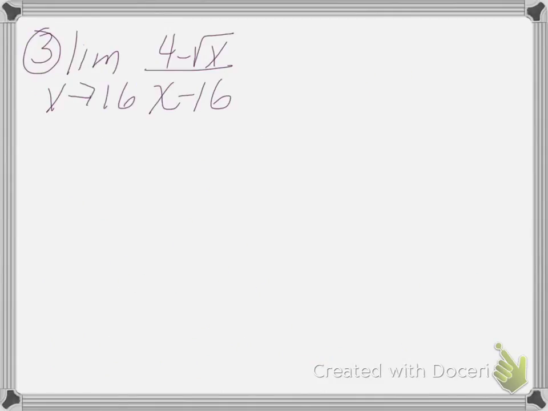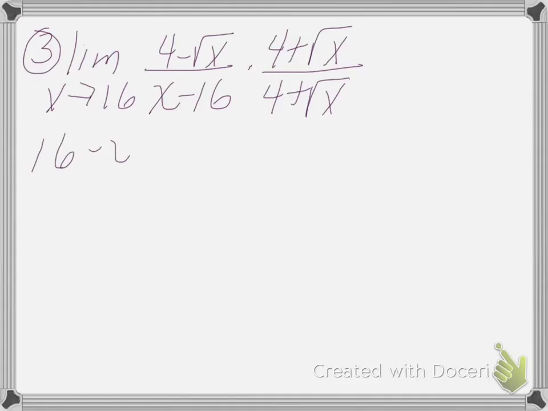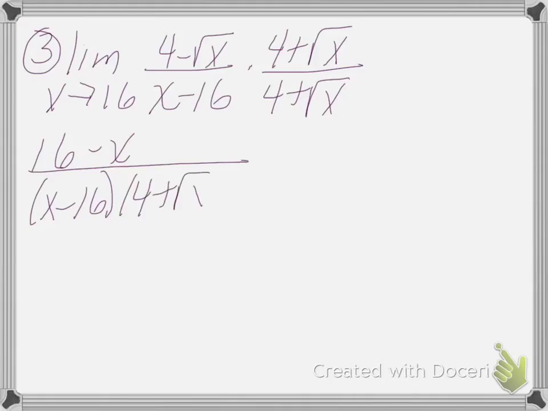Okay, this is question number 3. You cannot substitute because you'll get 0 in the denominator, so you're going to multiply by the conjugate, which is 4 plus radical x. If you multiply out the numerator, you should get 16 minus x, and we're going to leave the denominator alone. 16 minus x and x minus 16, those cancel to -1, so you're left with this.